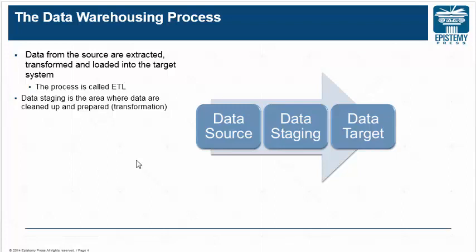Something may be named one thing in one source and named differently, but it is the same, in a different source, like client and customer. They're basically pointing to the same thing, a customer. But in one data source it's called client, and in another data source it is called customer.